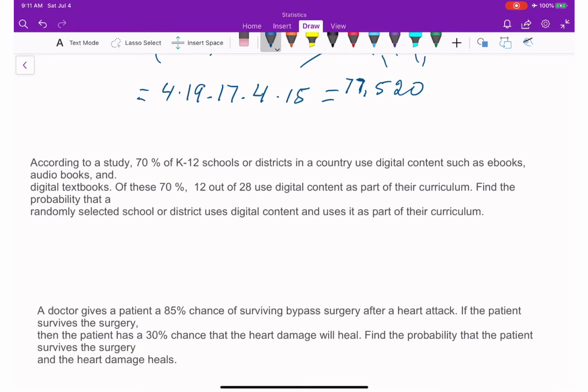So we need to find the probability of digital content and, with this symbol, a part of their curriculum.